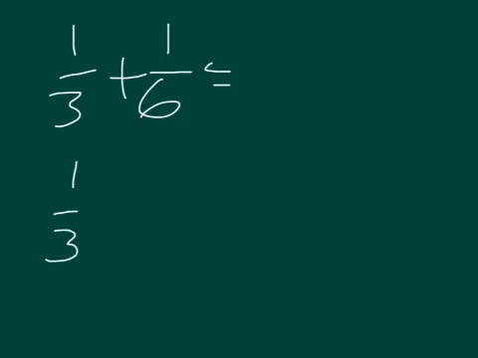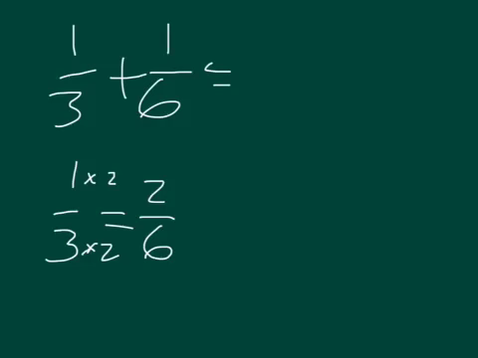Let's look at another example. 1/3 plus 1/6. Okay, I have different denominators, so I need to change 1/3 into sixths so I can have the same denominator. So what do I multiply by? I have to multiply by 2, and so I get 1/3 times 2 equals 2/6.